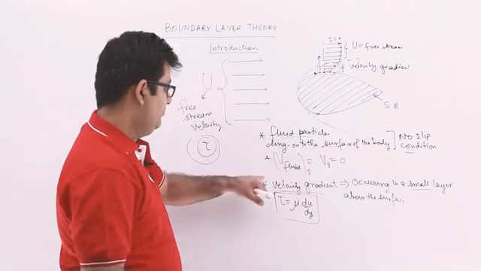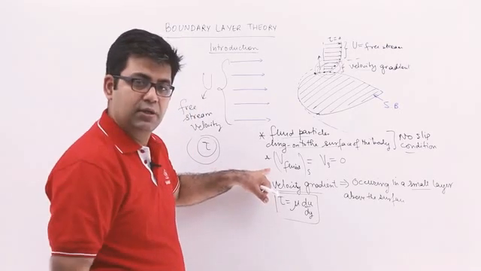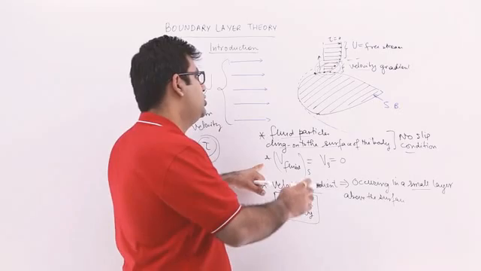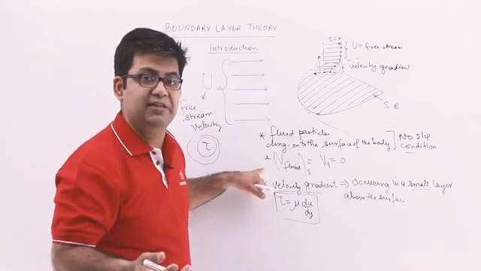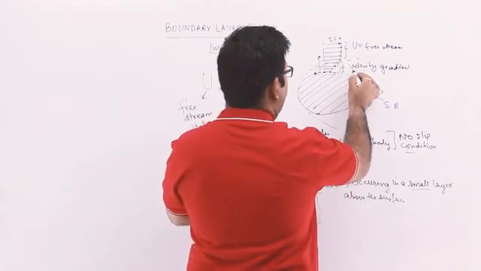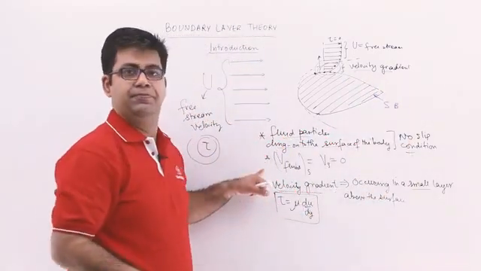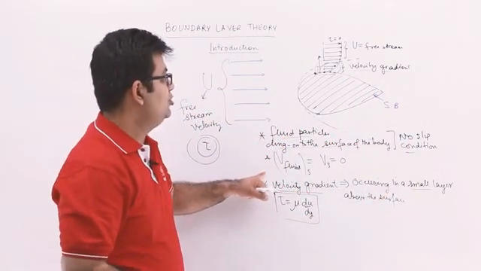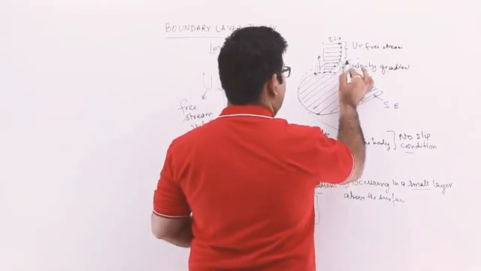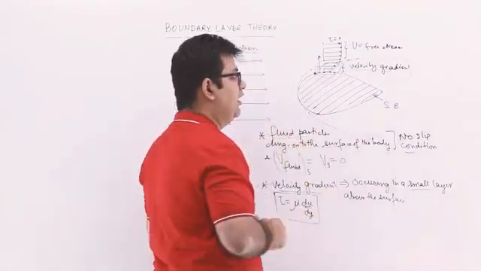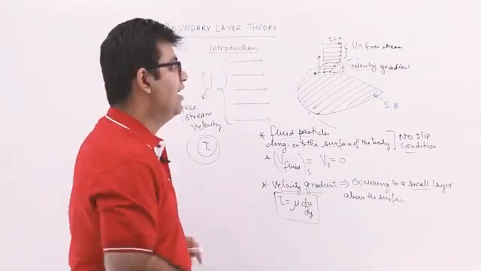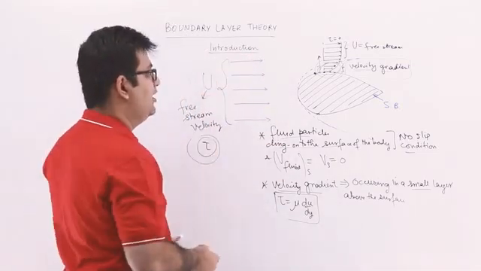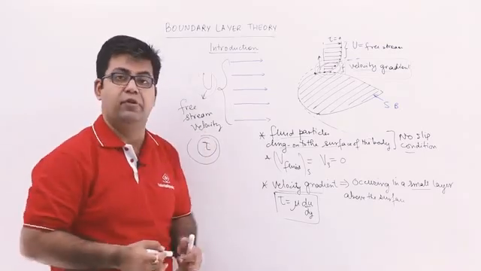As you start going away from the body surface, the velocity will start to change. This means that a velocity gradient will come into the picture. And as you keep on moving further away, ultimately this velocity gradient would vanish and the entire flow would have the same velocity, the free stream velocity.